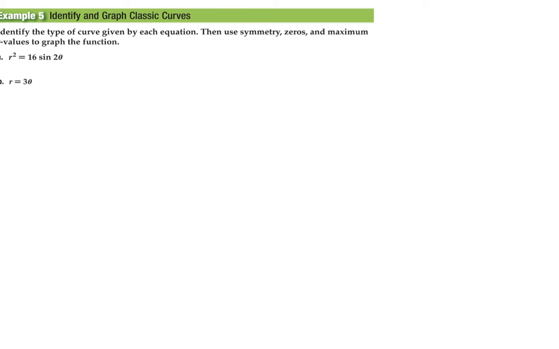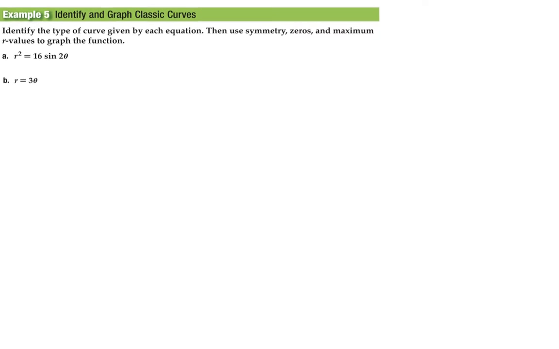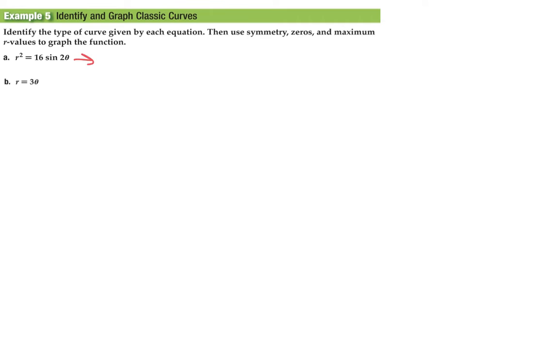Where you see an r squared equals some other value squared and then sine 2 theta or cosine 2 theta, that will give you a lemniscus. That is a very odd word, and I will mispronounce that every single time, and that is fine if you do as well.